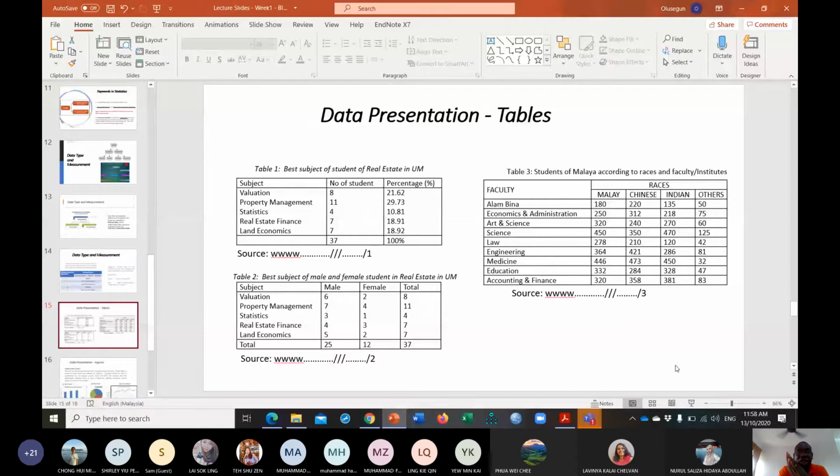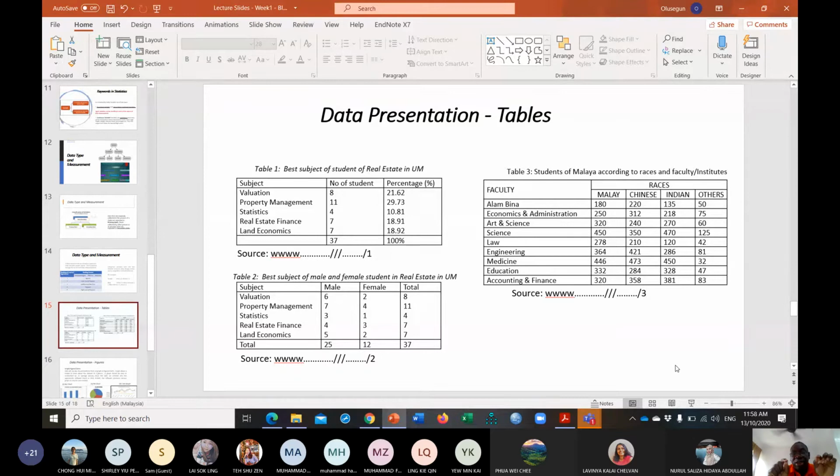When you see the relationship between real estate finance and land economics, you will see the tally, and even valuation. They are not too far away from each other. So that means, in this table I'm talking about now, the distribution is somehow uneven.